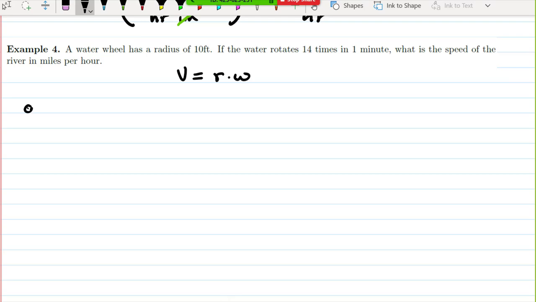And our goal is we need to end up with our units. We want miles over hours, or miles per hour. We weren't given a lot of those things. So we want the units of V to be miles per hour.